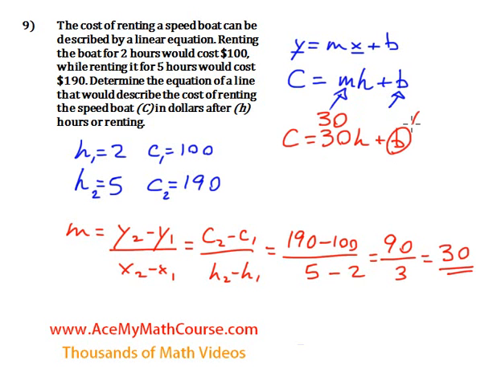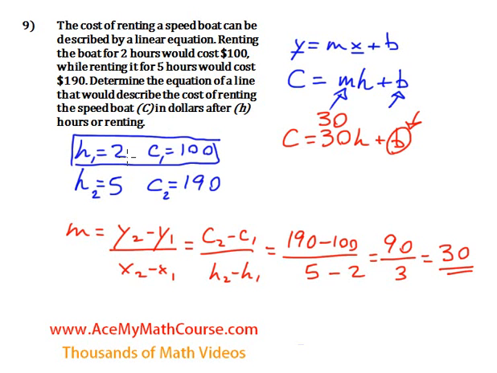And B is the only value that is missing. Once we have it, we have the equation. To find it, I'm just going to plug this point in, essentially. It's just a point, right? H1, comma, C1.